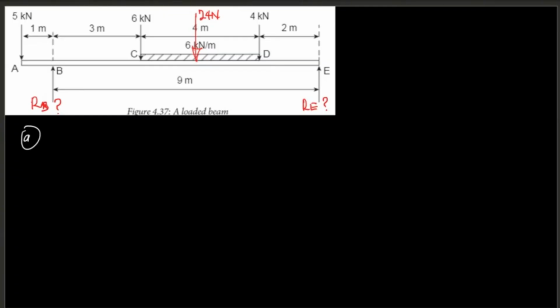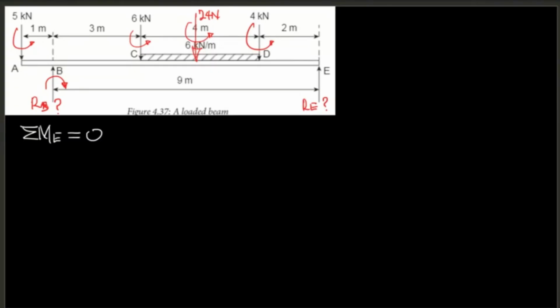Okay, so what we are going to do here is take moments about support E. Summation of moments about E is equal to 0. So I have this to be a clockwise moment, and the others are counterclockwise.